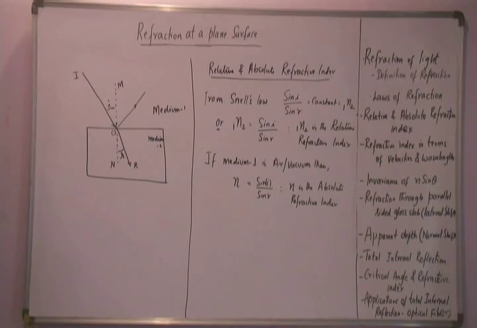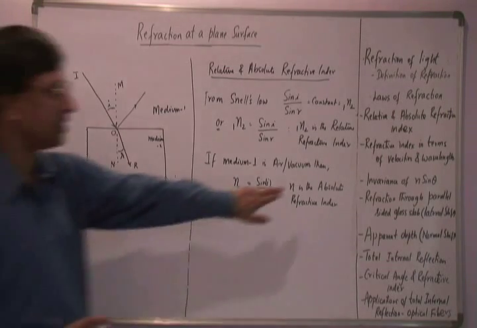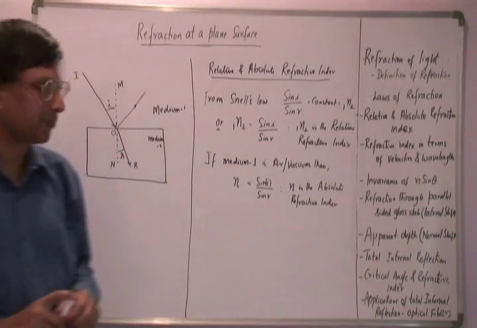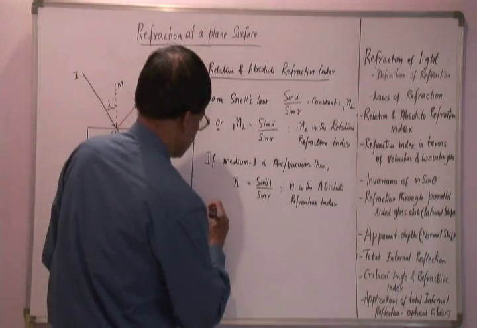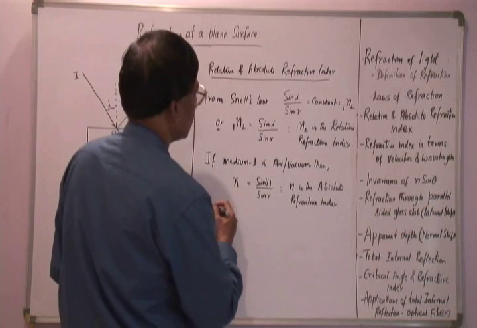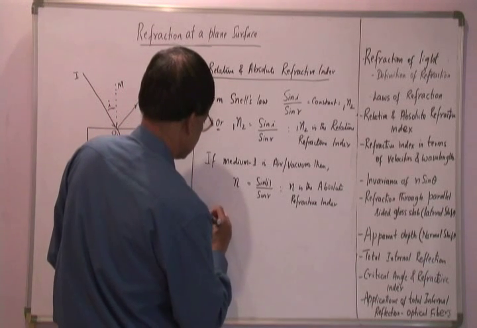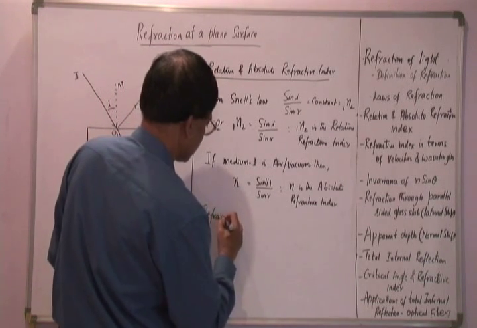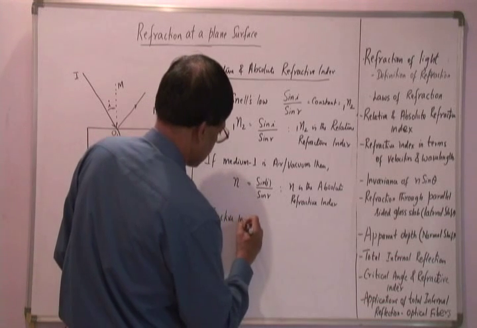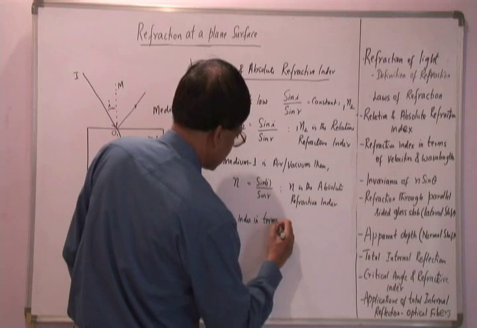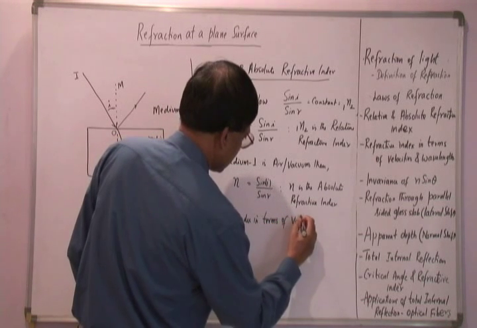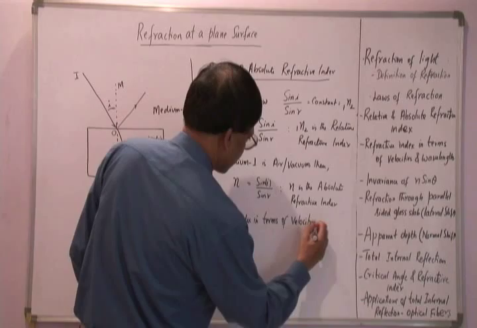Now we can state this refractive index in terms of velocities and wavelength. If we state it in terms of velocity, let us consider this first.